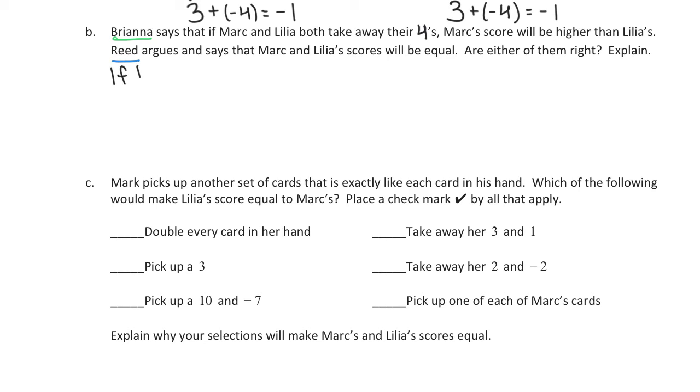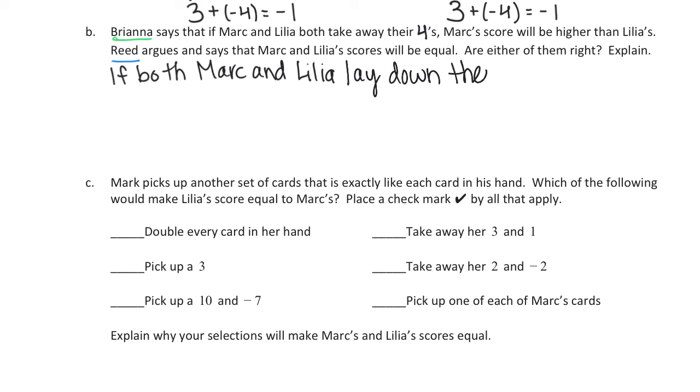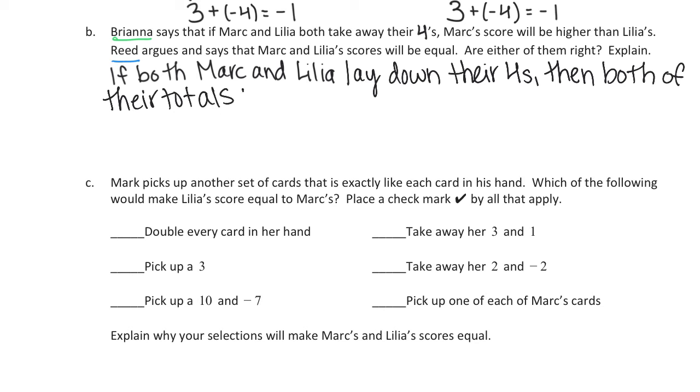If both Mark and Lilia lay down their 4s, then both of their totals will be decreased by 4.